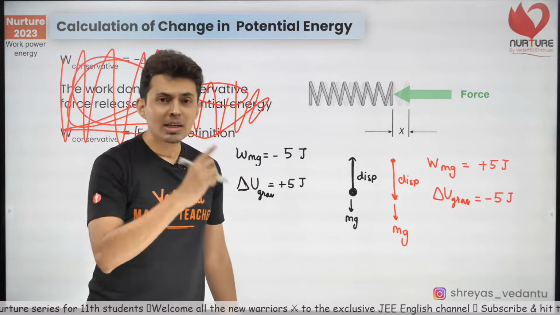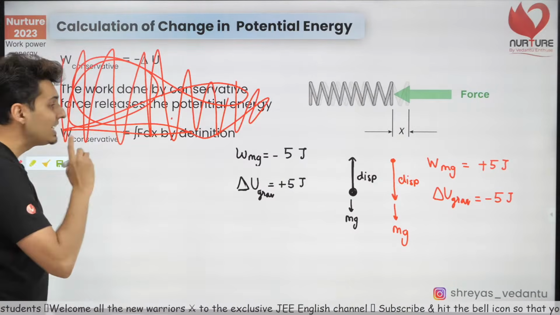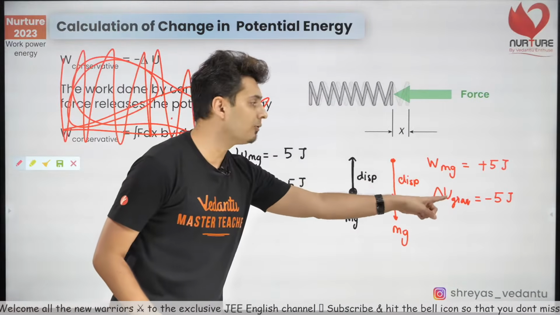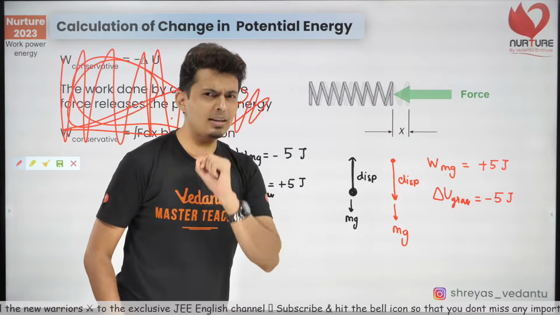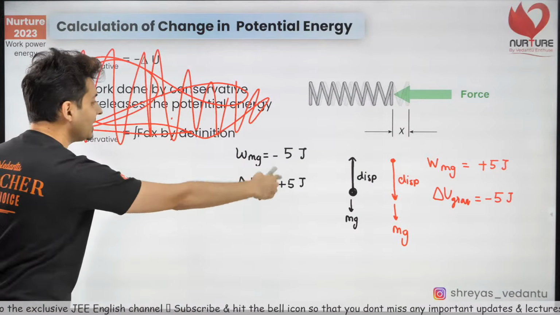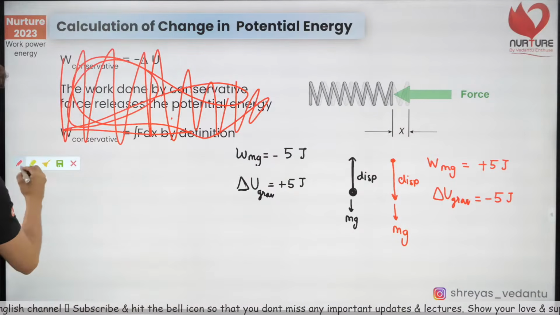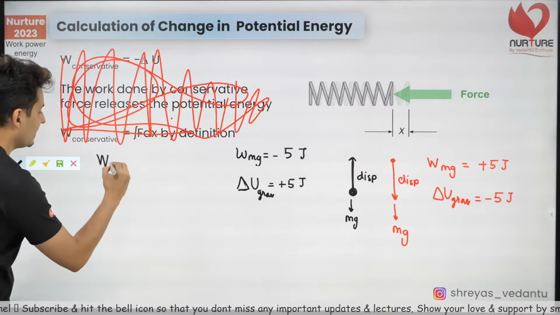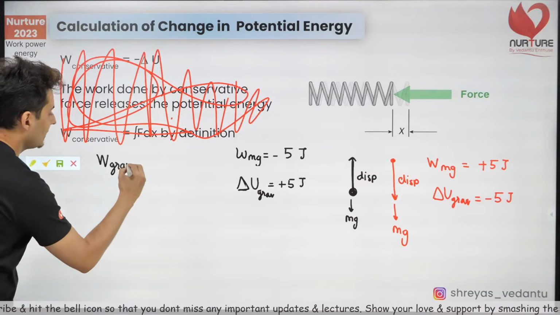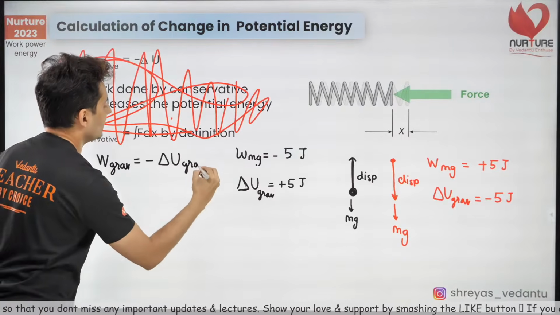Now you can clearly see there is a relationship between work and delta U. What is the relationship between work and delta U? Obviously, they are opposite in sign, but the same in magnitude. Work done by gravity is negative of delta U of gravity.